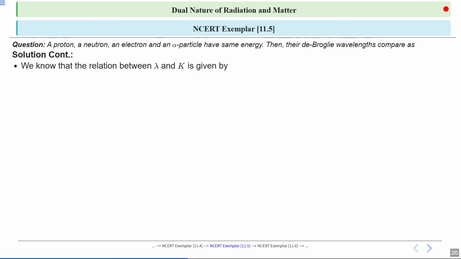To start solving, let's recall the relationship between the de Broglie wavelength lambda and kinetic energy K of a particle. This formula helps us see how the wavelength depends on the particle's properties. The formula is lambda equals h divided by square root of 2mK. Here h is Planck's constant, m is mass of the particle in kilograms, and K is the kinetic energy in joules.